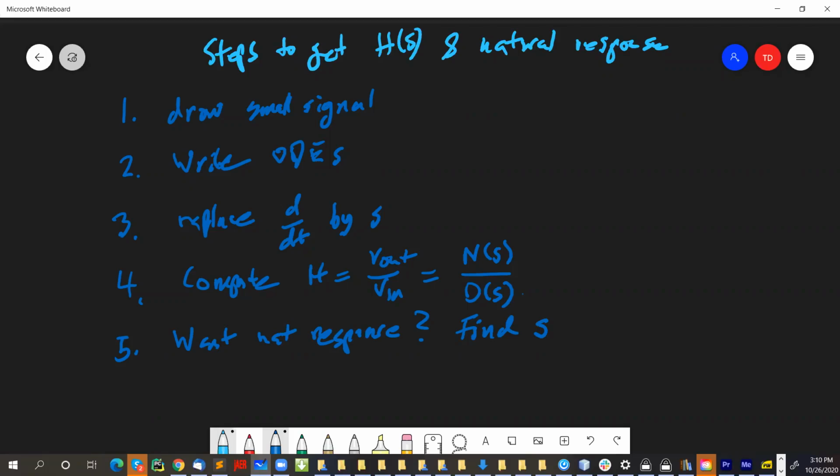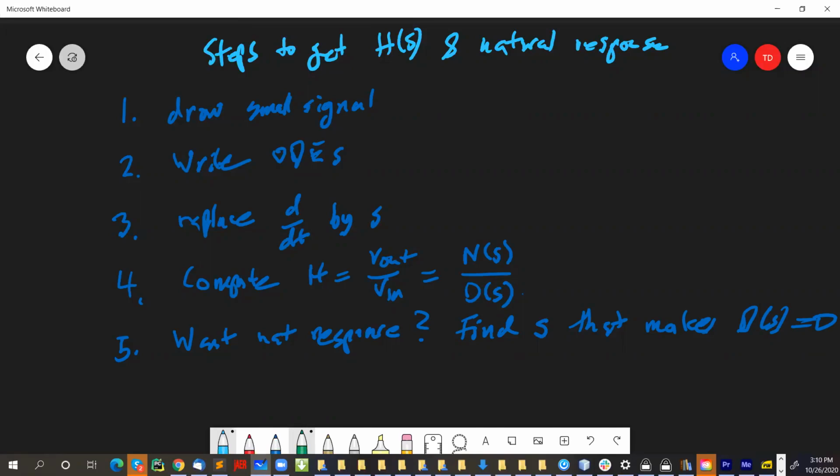Find the S that makes D of S equal to 0. In other words, find the solution to the equation D of S equal to 0. And then those particular s's, which are just constant frequencies, represent the natural response. Let me show you why that's true. This is the tricky part.